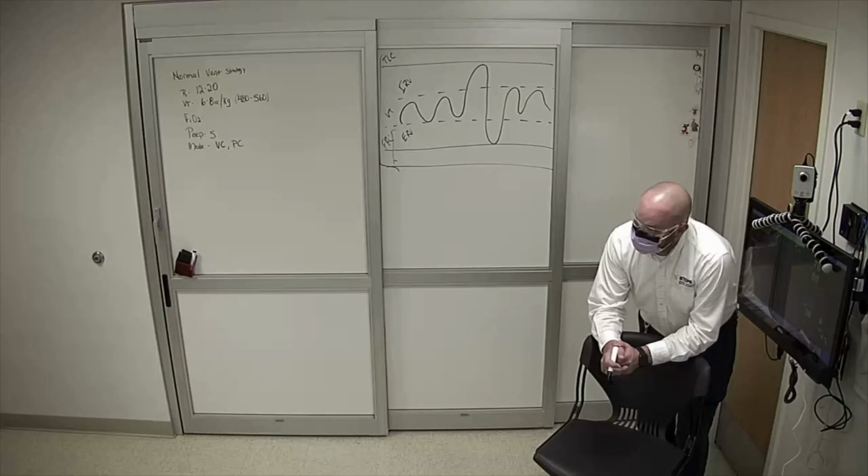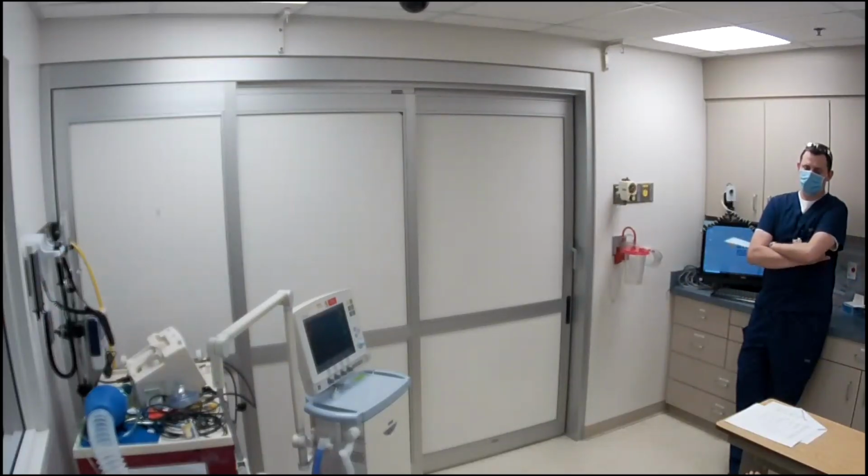I know CO2, if it's high or low, can affect your blood flow. How does it do that? That's an interesting concept. Vasodilation, constriction. But what's the mechanism of that? And why would that be important? You're getting to something really profound here, I think.